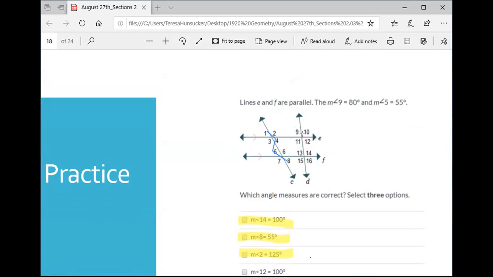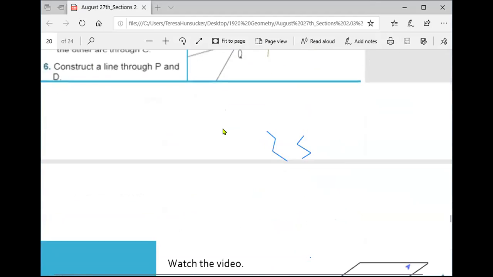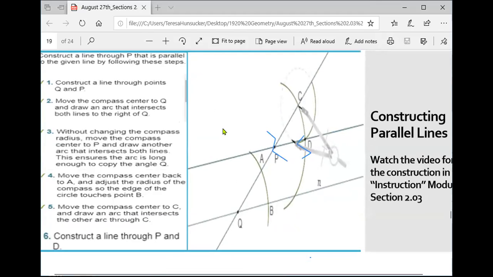And then 10 is congruent to 11, is congruent to 14. We can go in the other direction. So just know that it's kind of like a puzzle, but you can do that kind of crisscross to solve for missing angles.